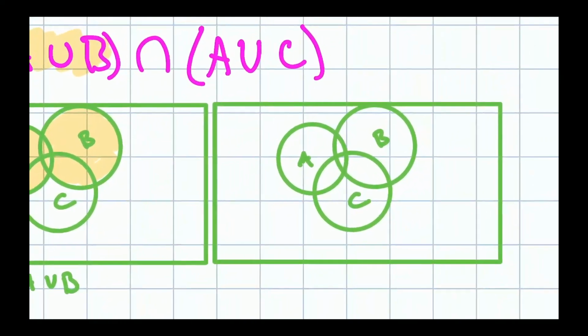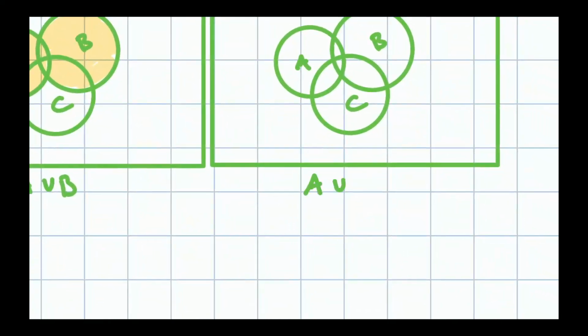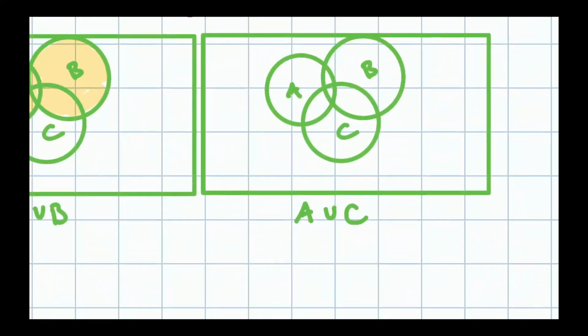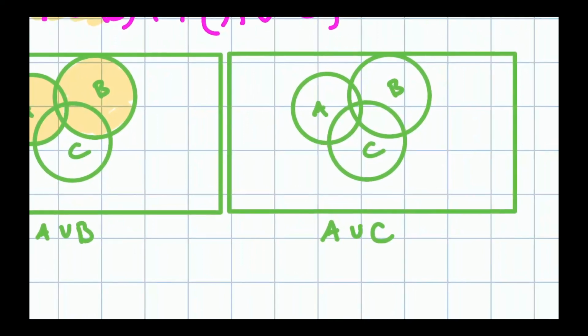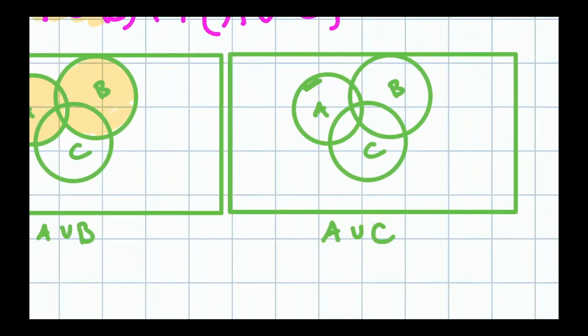Now let's look at A union C. So let's draw A union C here. A union C is everything in A and C. So instead of doing the A and B circles, we need the A and C circles. So let's take everything in A, combine it with everything in C. Okay.